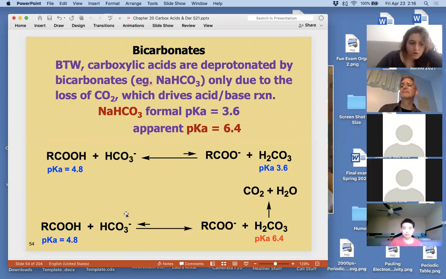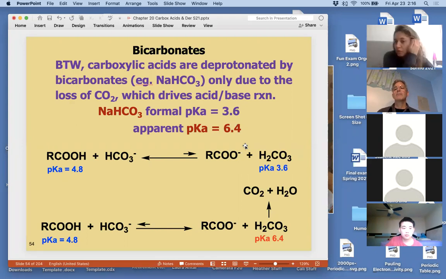Jackie. I'm just confused about why the pKa's are different. Is it because of the loss of CO2 that there's a higher? The formal pKa at the top relies on starting out with 1 atmosphere of carbon dioxide. Okay. So that is in there suppressing the decomposition.